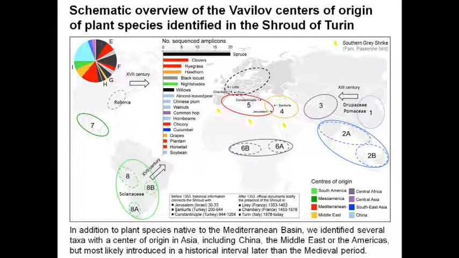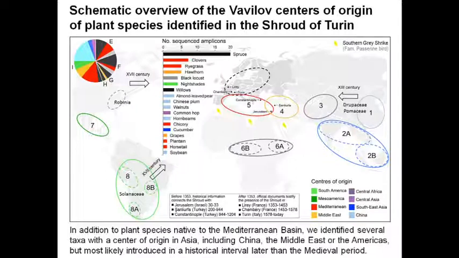For instance, we know that black locust, which is Robinia pseudacacia, was introduced in Europe in the 17th century. And we also know that some wild forms of the Drupaceae and Pomaceae tribes are plants introduced in Europe from China in the 13th century.